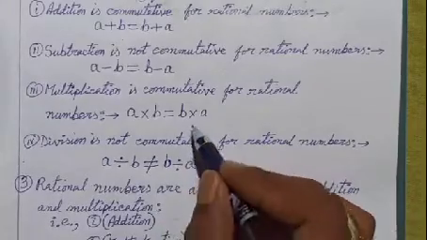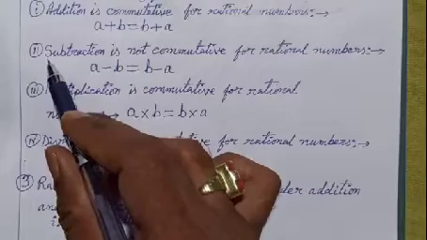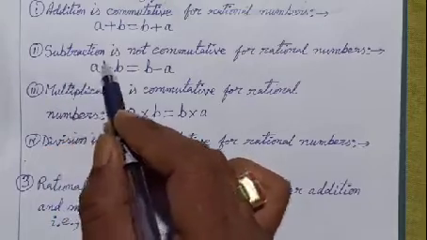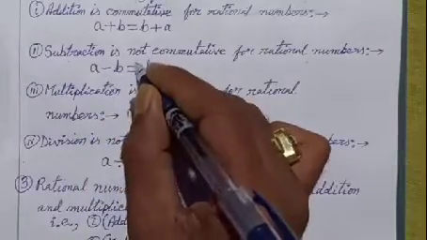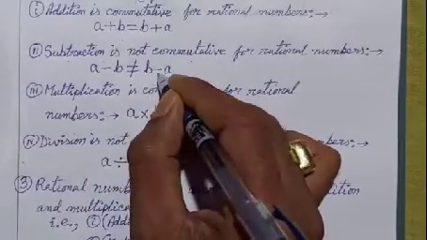I want to correct Roman number 2. Here it says that subtraction is not commutative for rational numbers. So a minus b must not be equal to b minus a.